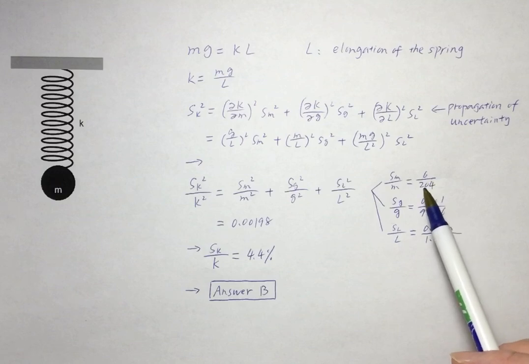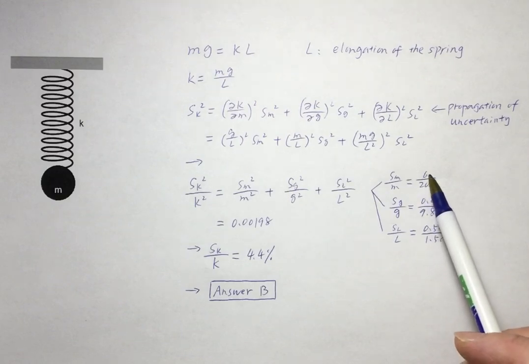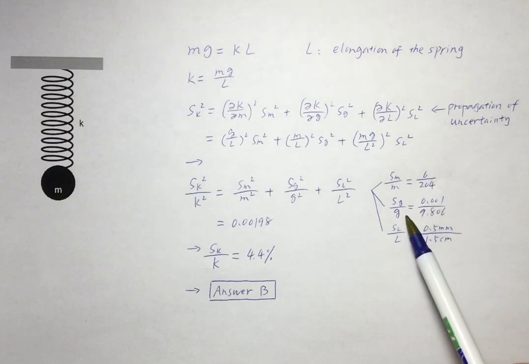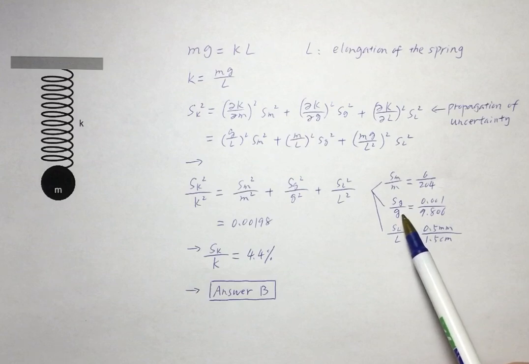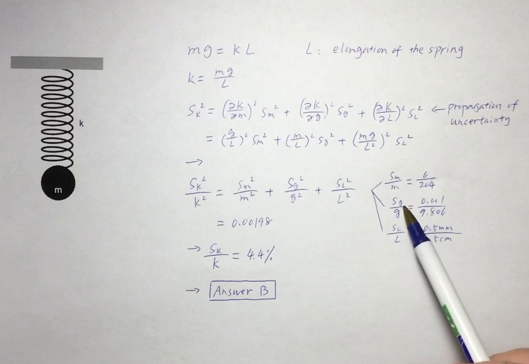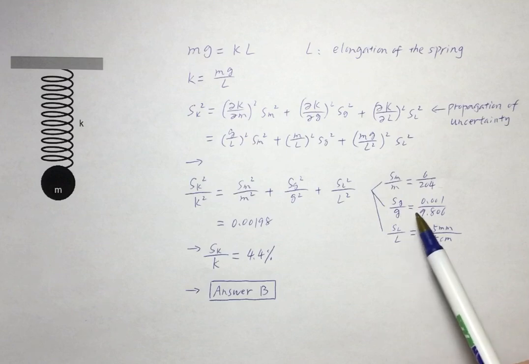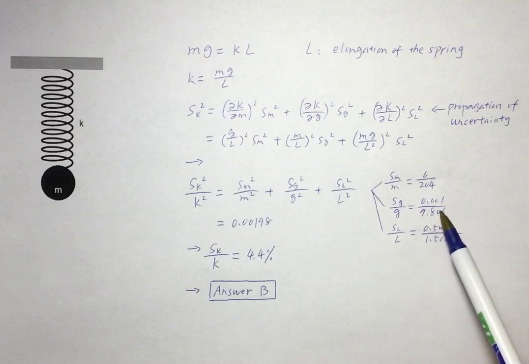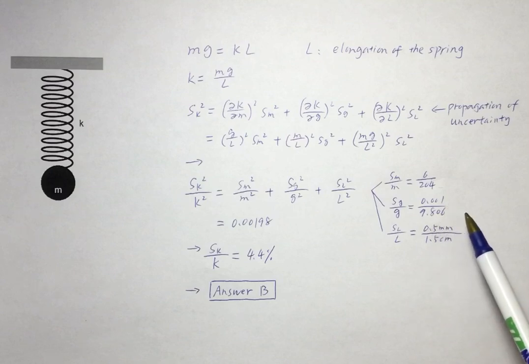So the average is 204 grams, and then the error is 6 grams. Again, for the gravity constant g, s_g over g, as the question tells us, is 0.001 over 9.806.